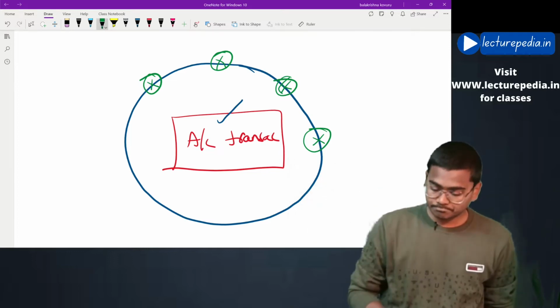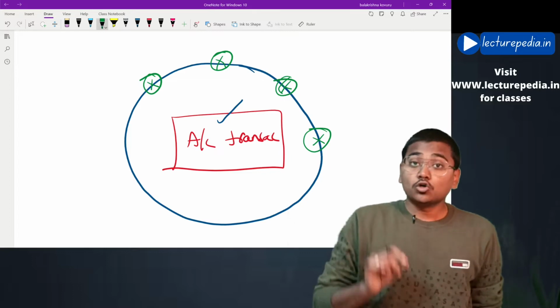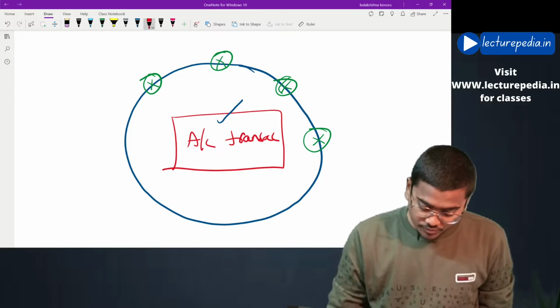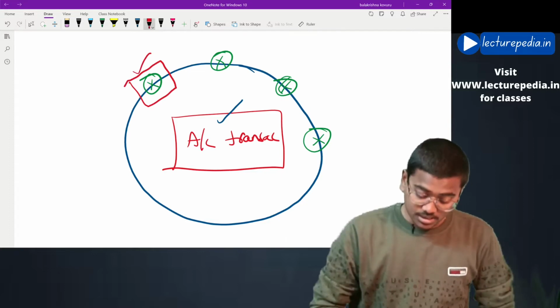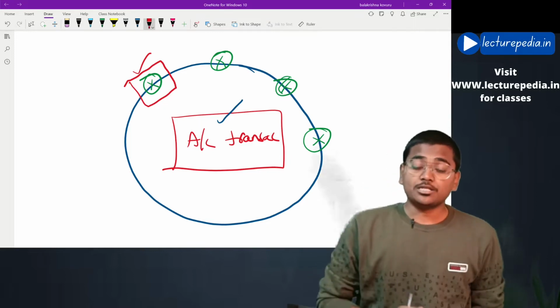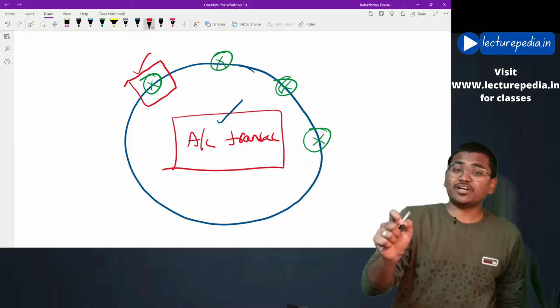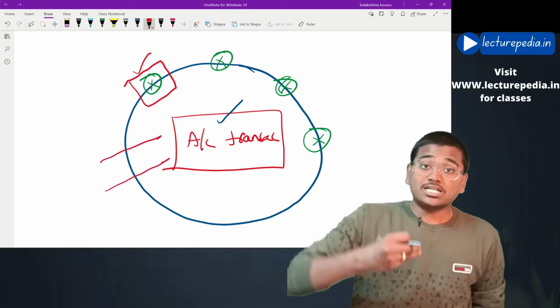By testing the controls, the auditor will identify those controls which are not working properly. And apart from that, the auditor will also identify those areas where controls are not implemented.